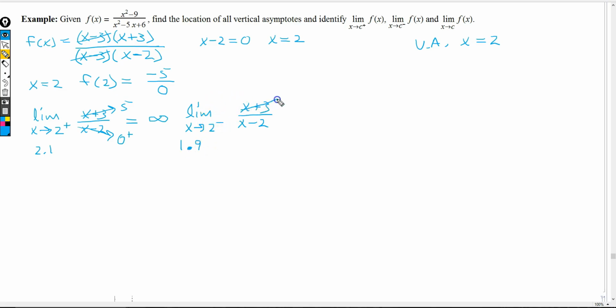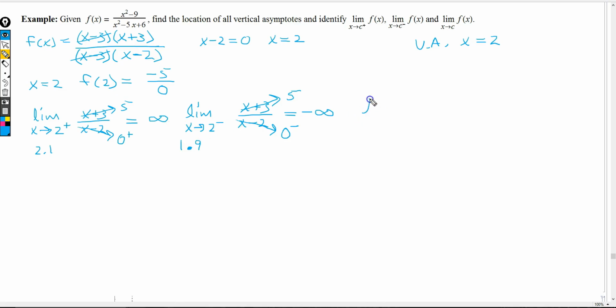The top is still approaching positive 5. The denominator, however, is now approaching 0 from the left, because if I put 1.9 in for x, I'm going to get back negative 0.1. That's a small negative number. 5 divided by a very small negative number, a very large negative number, negative infinity. All right, so there's our right and left hand limits.